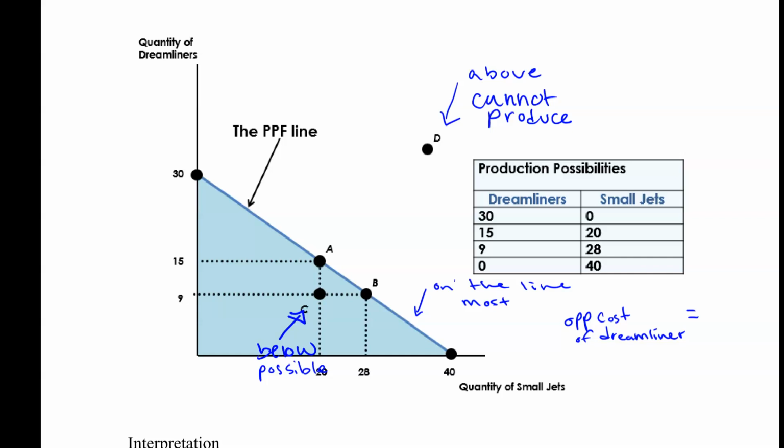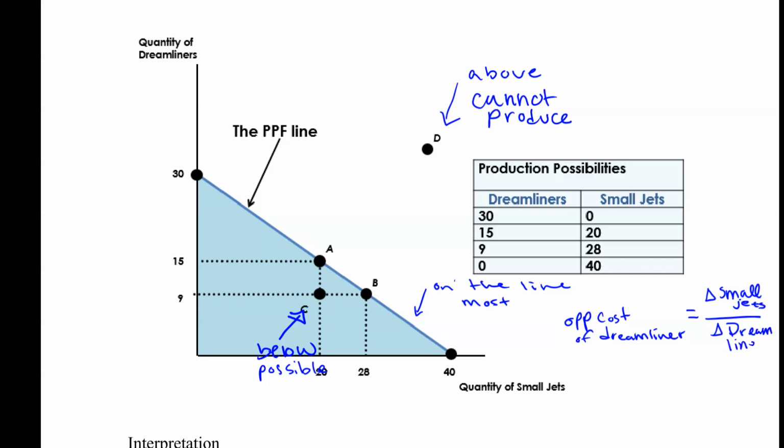So that means we're basically calculating the slope. So we're going to do the change in small jets. And the opportunity cost is of Dreamliners. So that means that's going to be on the bottom, the denominator. So whatever we're doing the opportunity cost of is going to be on the denominator.